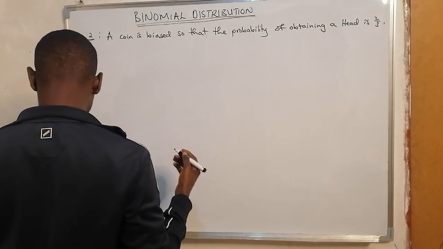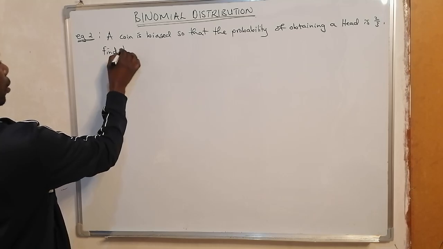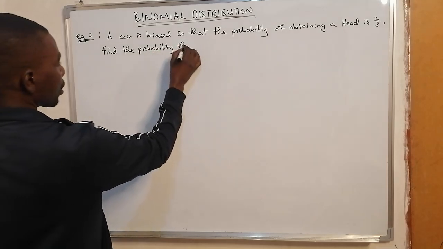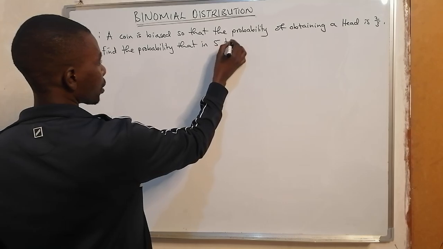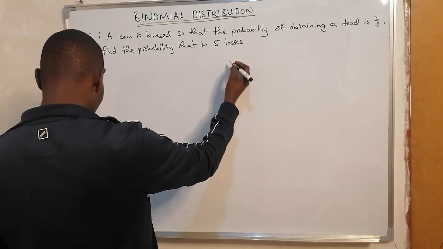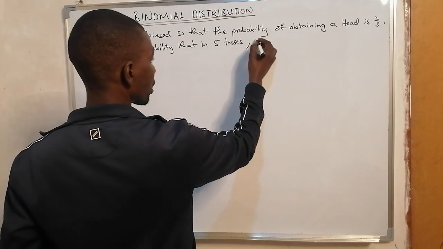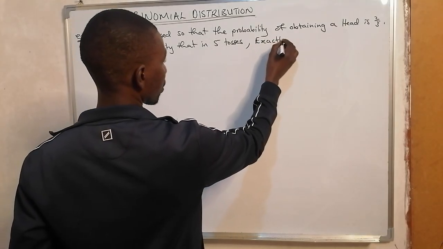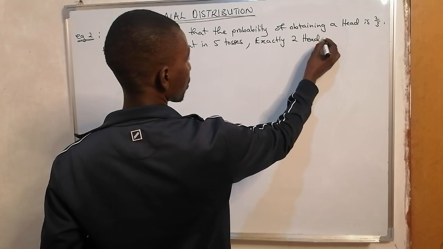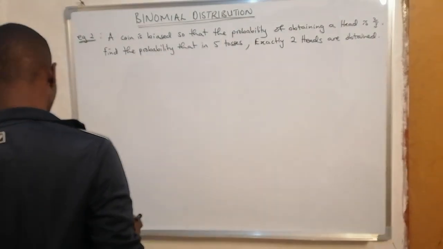Find the probability that in 5 tosses of the coin, exactly 2 heads are obtained.